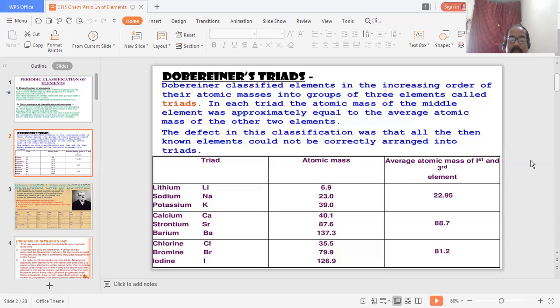Adding both values gives 45.9, and divided by 2 the value is 22.95, approximately 23. This is the mass value of sodium, because sodium is the second element of the first set.